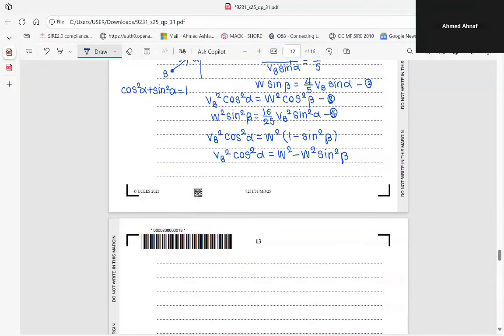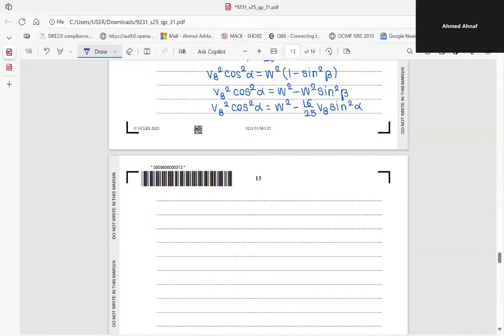So this is VB squared cosine squared alpha equals W squared minus 16 over 25 VB squared sine squared alpha.